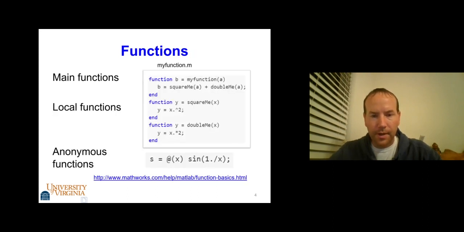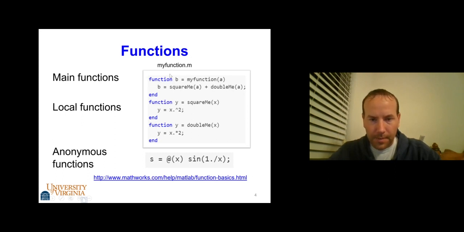So the first thing I want to do is just tell a little bit about functions and how functions are defined in MATLAB. So basically, this is a function file where it's only functions. We don't have any script-like components in this. And a few things are a little bit different.